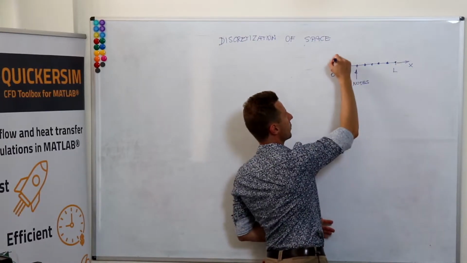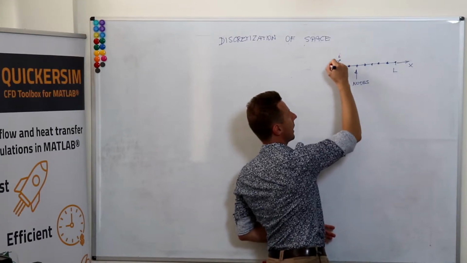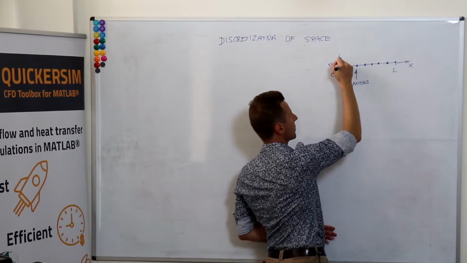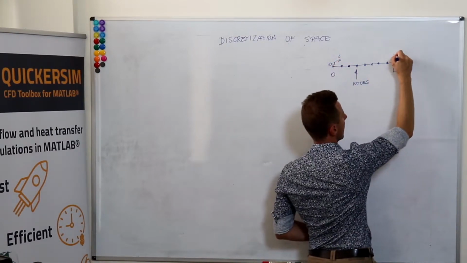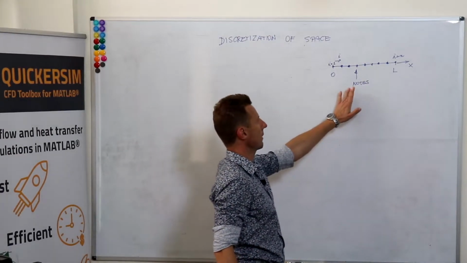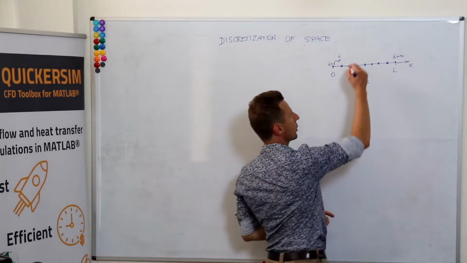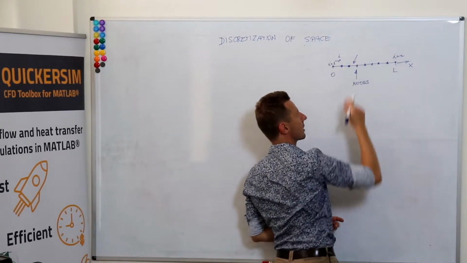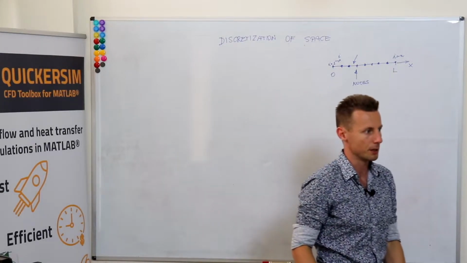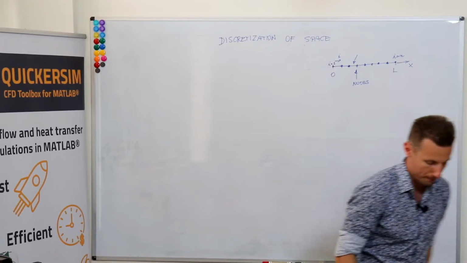In 1D, we can even just number the nodes with i equals 0 or 1, depending how you want to start, up to i equals n. So we will be having nodes and what lies in between, the intervals. These might be elements, these might be volumes, depending on the numerical method, the discretization method that we will be using.